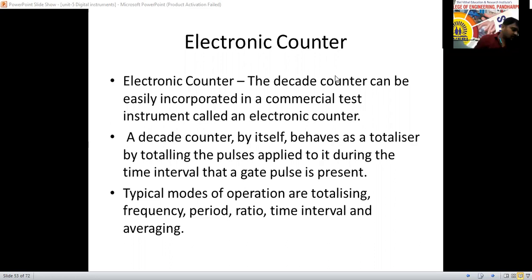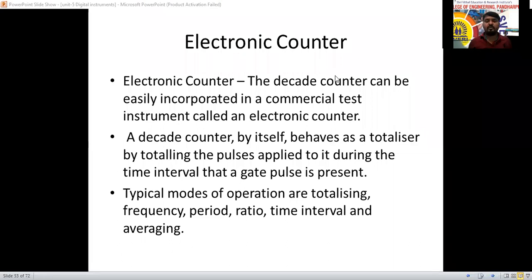The electronic counter is nothing but something that counts. The name itself says it. It counts the number of pulses. For that reason, different modes are there: it may operate in the frequency mode or in the totalizing mode. Totalizing means it totalizes the total number of pulses. In frequency mode, the input is given in the form of frequency.